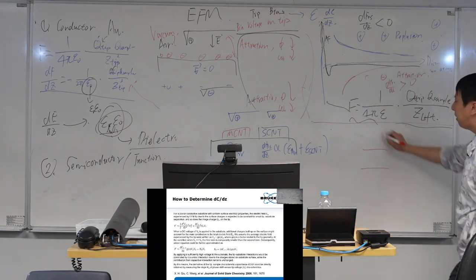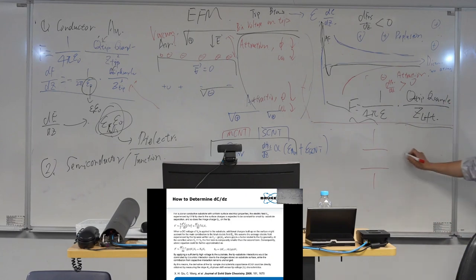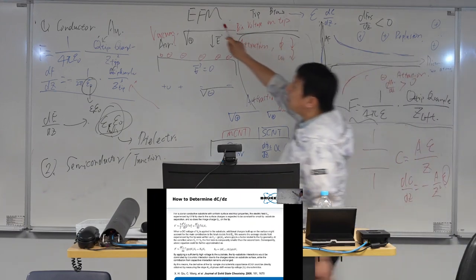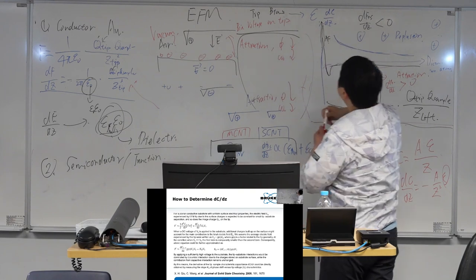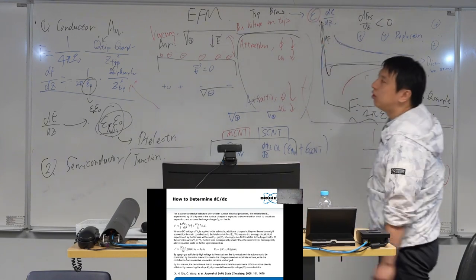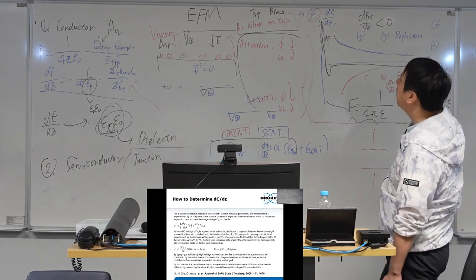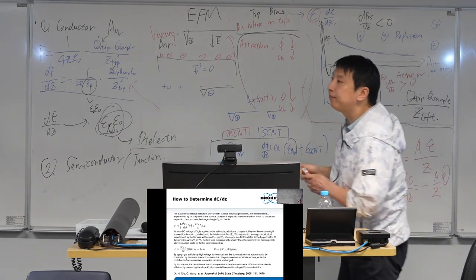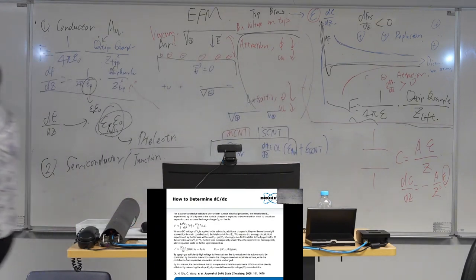Because in a parallel capacitor, C equals A epsilon over Z, right? So dC over dZ is just negative A epsilon over Z squared. A is a constant, Z is a constant, epsilon is our goal. So EFM is a way to detect the dielectric coefficient, or in some textbooks you will see it described as detecting dC over dZ. That's the idea of this paper.